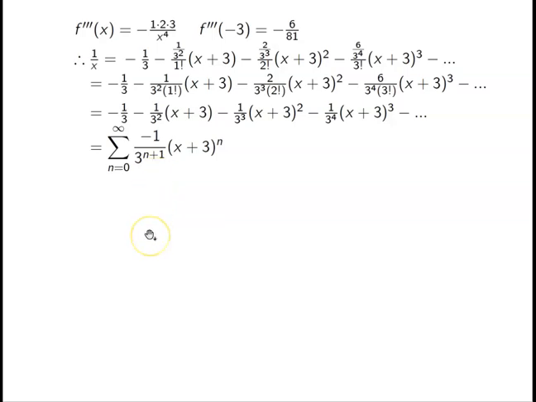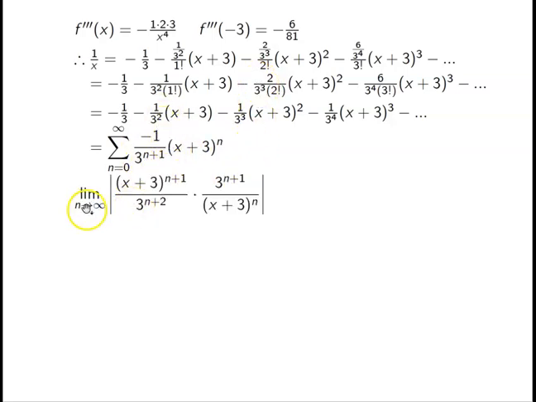So just a word of advice: the more things you keep in general form, the easier it is. If you're used to using your calculator and expanding everything, that's not going to be super helpful for writing a generalized term.